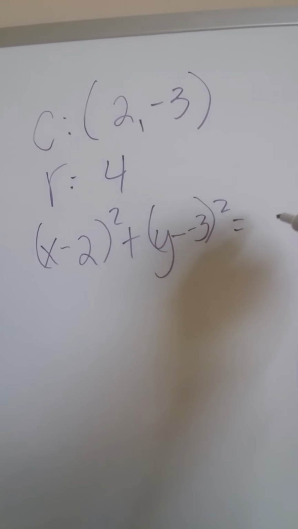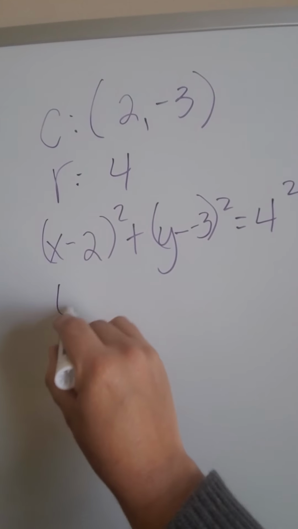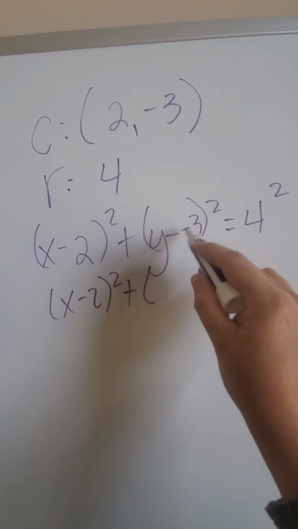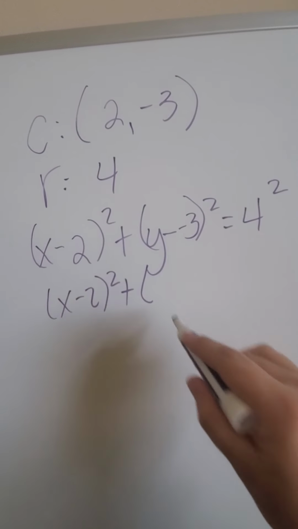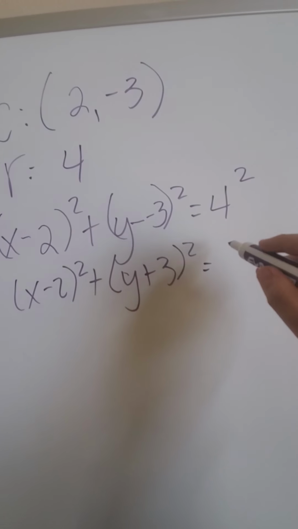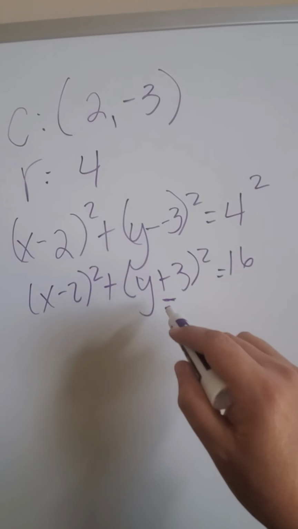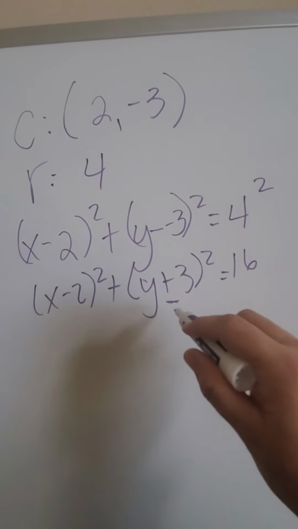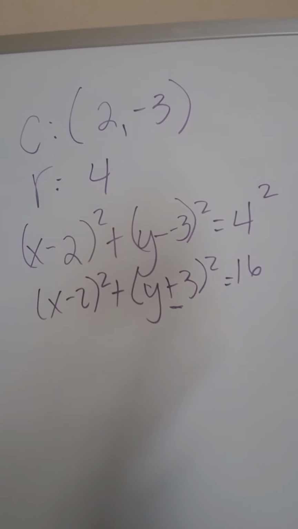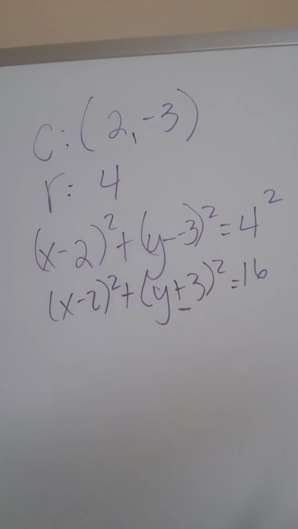And then 4 is my radius, 4 squared. Now, let's simplify this. That's x minus 2 squared. Nothing I can do there. But what happens when I have minus a negative? If you remember correctly, it becomes a plus. Okay? And then 4 squared is 16. So see now when you see that plus in there, that tells me it's a negative 3. So take the opposite sign, that's the best way to explain it. Okay? So that's taking the center and the radius and putting it into the equation.